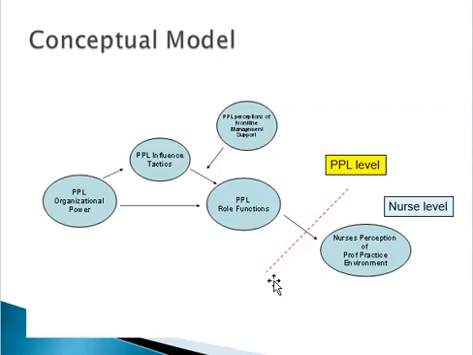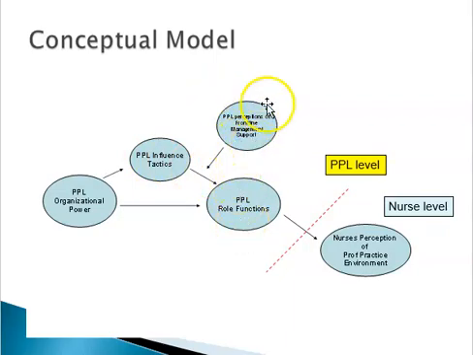This helps to develop the hypotheses, so where you put the circles and the arrows that go with them. My hypotheses were that organizational power had a direct impact on PPL role functions. Organizational power also had an indirect effect on role functions because it was mediated, if you will, by influence tactics.